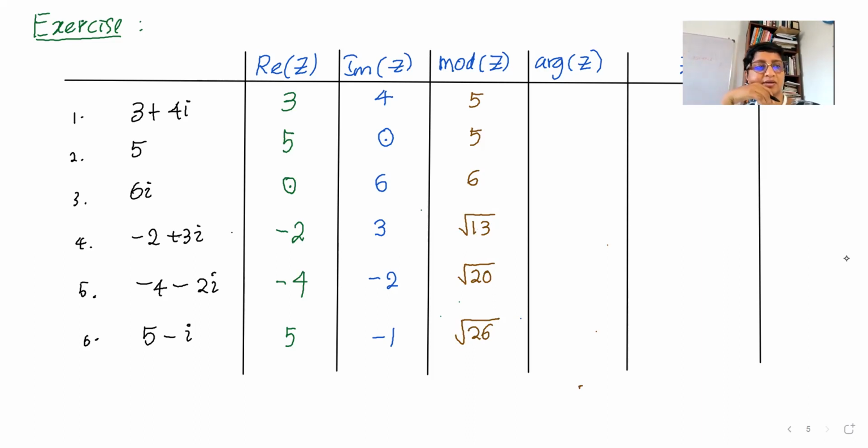Argument. You can give it as a positive or a negative angle, going this way up to 180 or going the other way up to minus 180, or you can give it as a positive angle. You need the calculator.